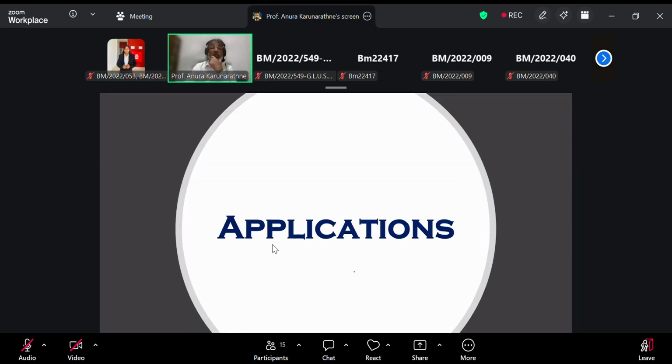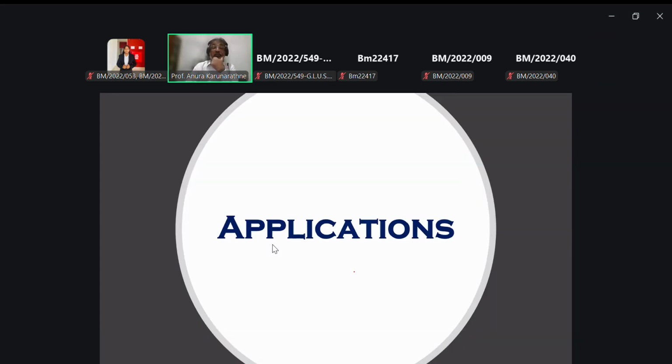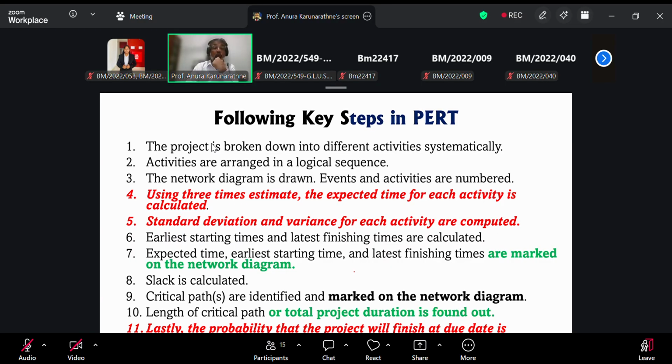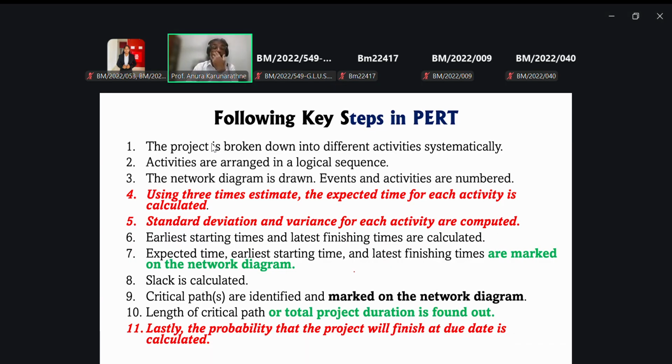Here we have to convert the three estimated times, as mentioned here, into expected time. Then take the variance and standard deviation.